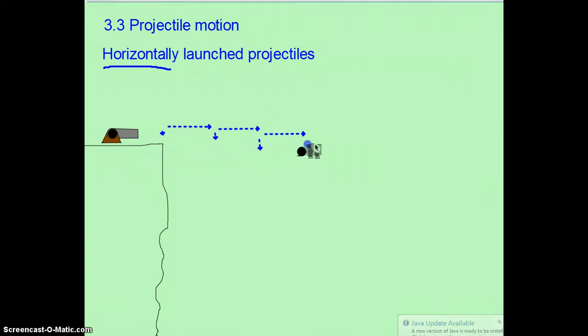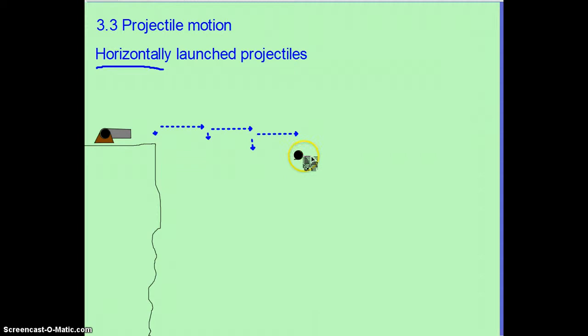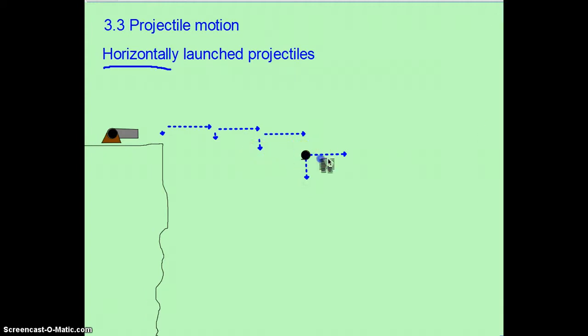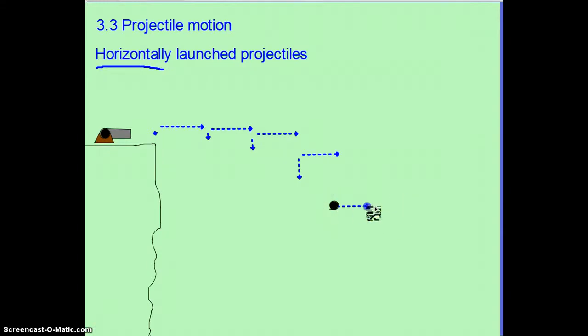And as we go here, it drops more and more, because it is accelerating downward all the while it's moving at a constant rate forward. See how it's dropping more and more every time I draw it? It's accelerating due to gravity.